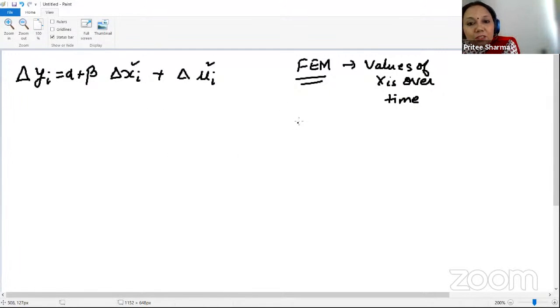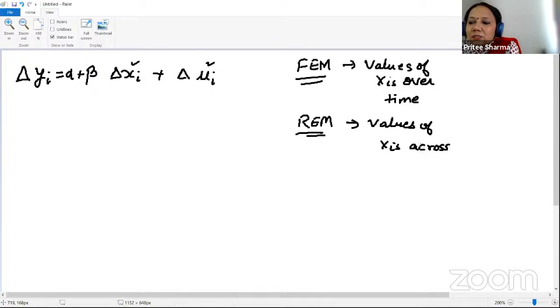Whereas here what we are saying is that there should be some variation in the values of xi's across cases or across entities.